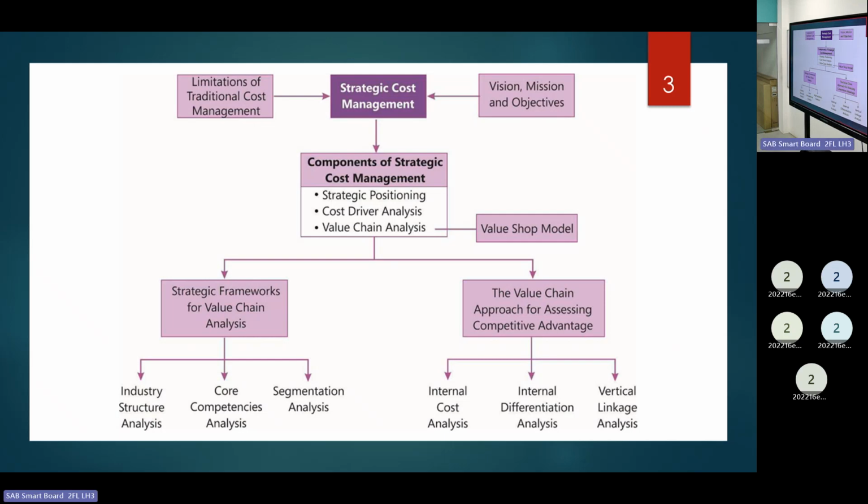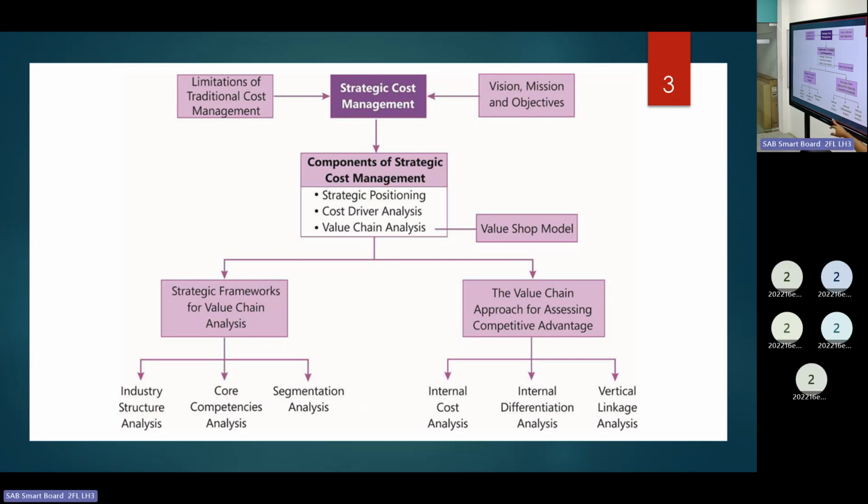Under the strategic framework for value chain analysis: industry structure analysis, core competency analysis, and segmentation analysis. 3 main parts. And internal cost analysis, internal differentiation analysis, the vertical linkage analysis. Right? That is value chain approaches for assessing competitive advantage.